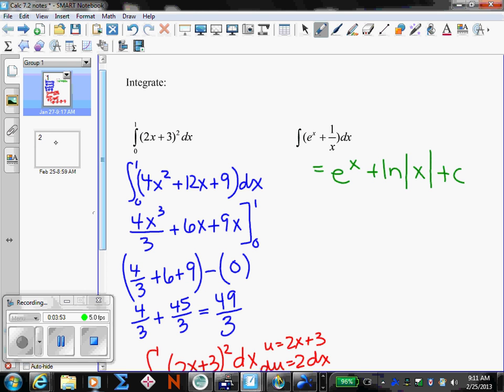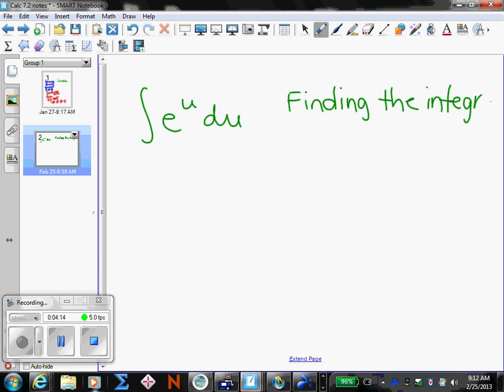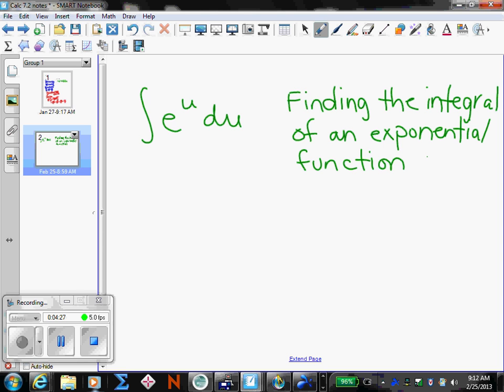Okay, so let's talk about finding the integral if it's not just e to the x, but e to the u. So, finding the integral of an exponential function using the substitution method.